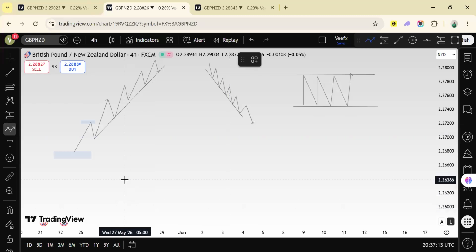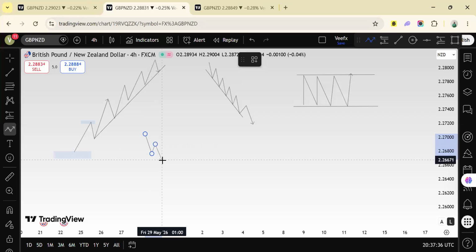For example, if we had a downtrend, remember the structure for a downtrend. That is why I said structure is always very important, right? So if you see a clear structure of a downtrend, your lower lows, your lower highs, your lower lows, your lower highs, your lower lows, your lower highs, your lower lows.